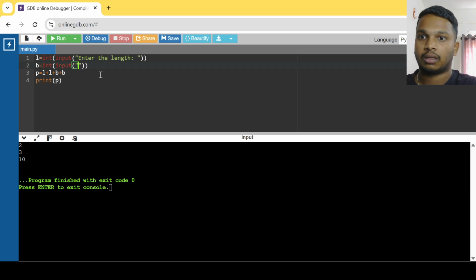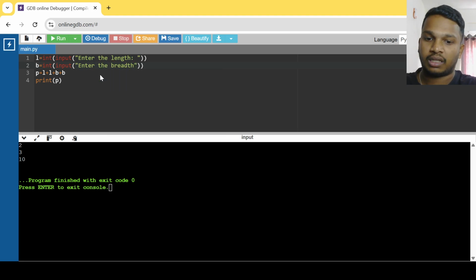Next line, enter the breadth. Next, printing the perimeter of the rectangle.